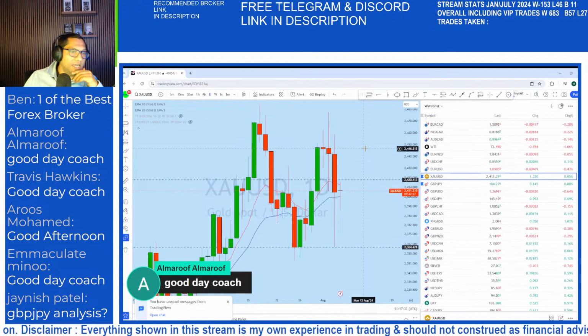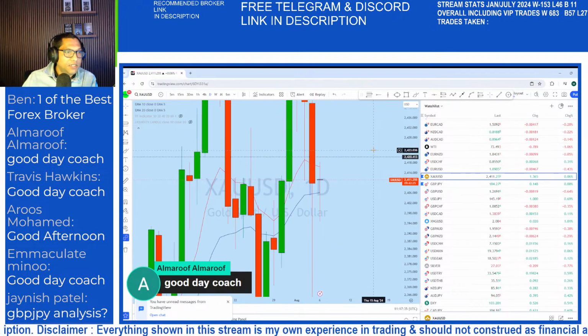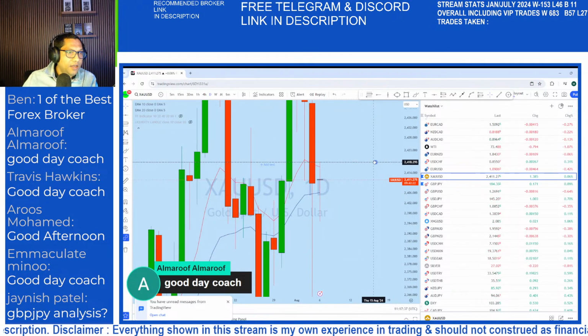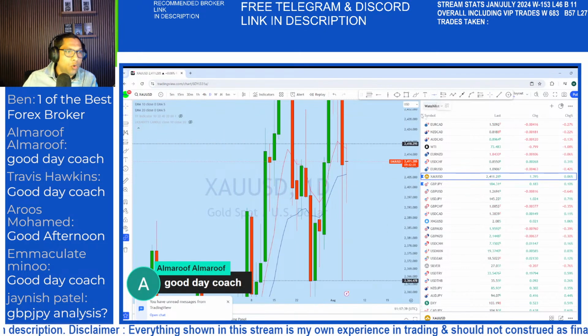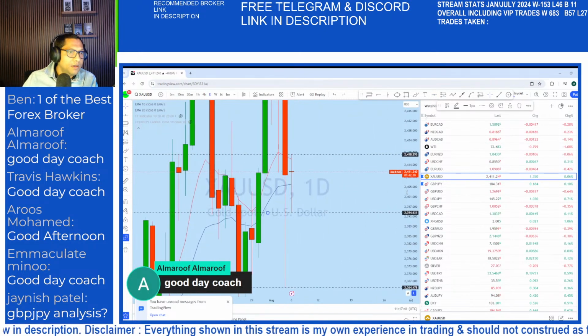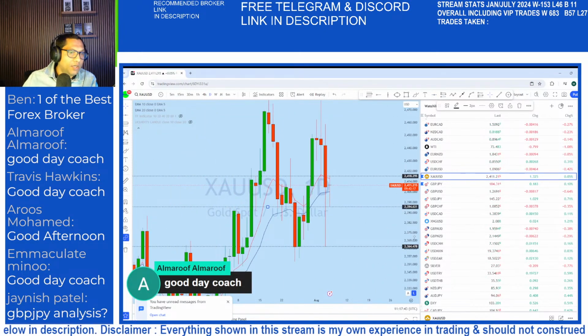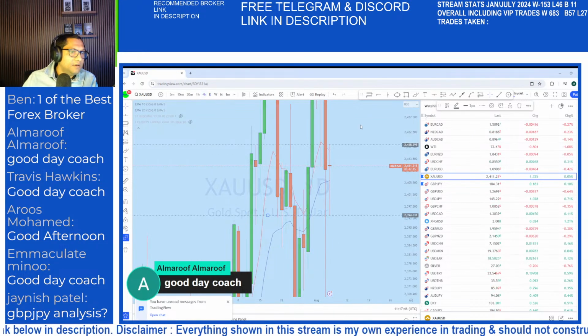If we look at the daily here, there is a high and the low of the daily. So today's high and low is here from the daily.